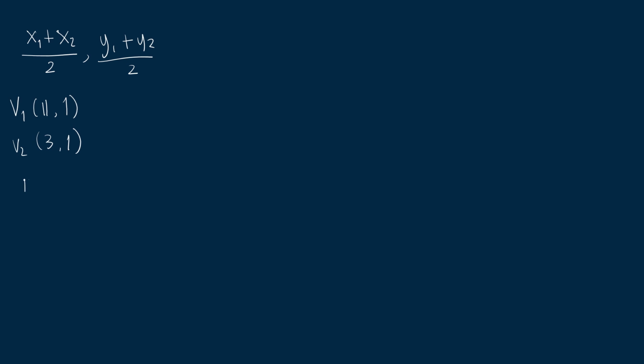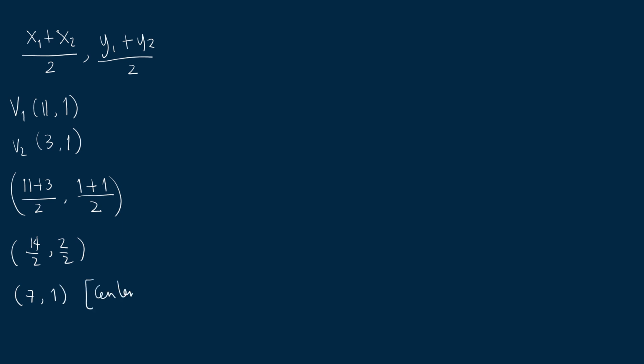So, it will become 11 plus 3 over 2 and 1 plus 1 over 2. That would be 14 over 2 and 2 over 2. And the answer would be 7, 1. And this is already the center for our given hyperbola.